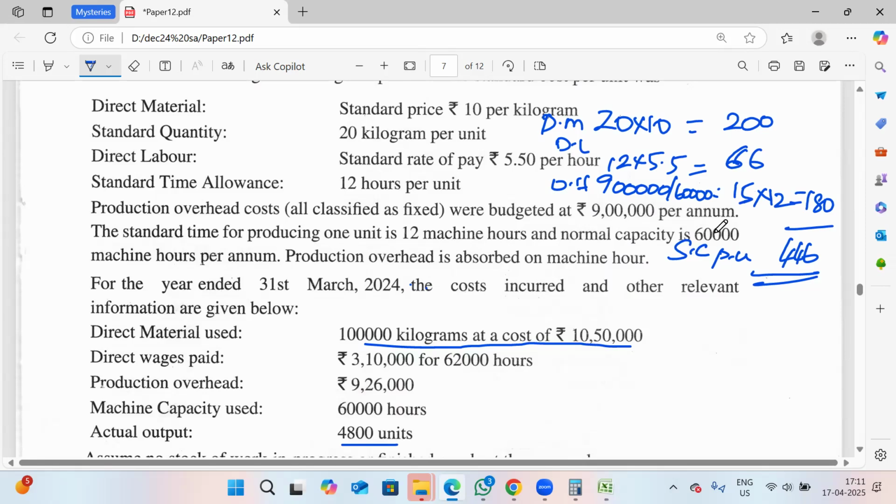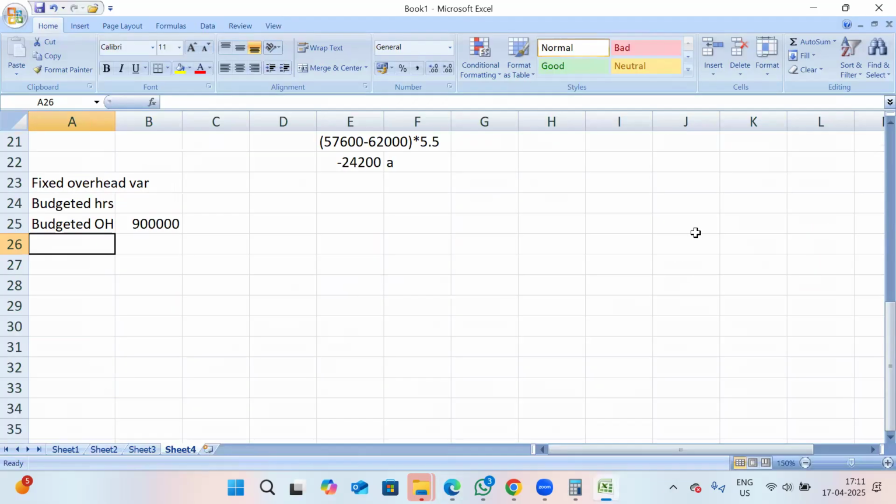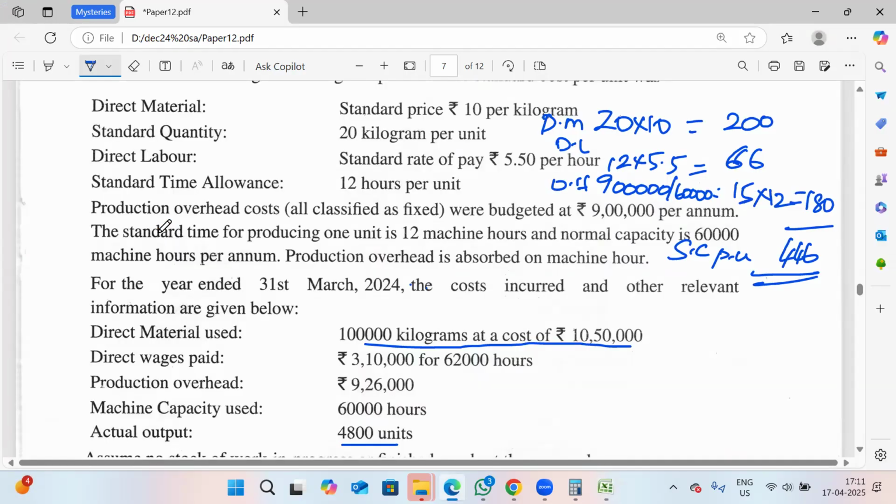So this normal capacity, that is 60,000, will be my budgeted hours. Budgeted hours is assumed to be the same as normal capacity. So 9 lakh rupees using 60,000 hours. So 60,000 hours is my budgeted hours.